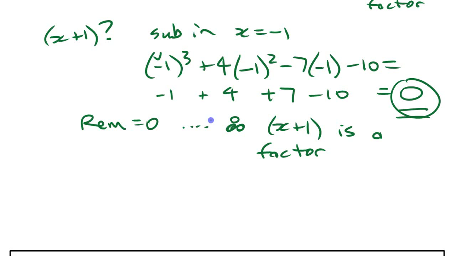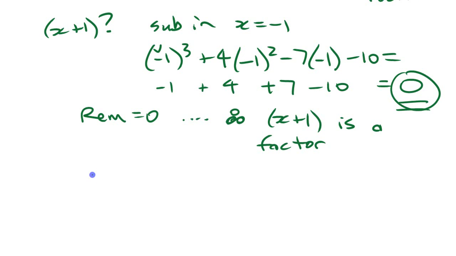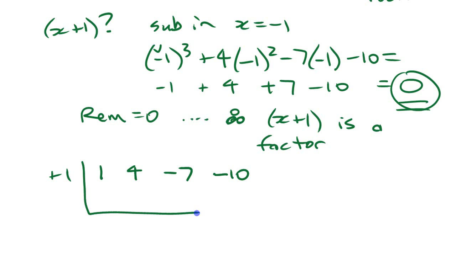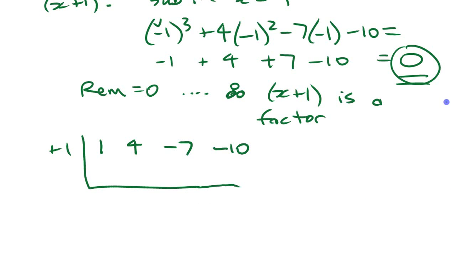So we know that x plus 1 is a factor here. So if we divide this out, put our plus 1 here, we put our coefficients of our original polynomial, 1, 4, negative 7, negative 10. And we do a quick synthetic division to see what we get here.